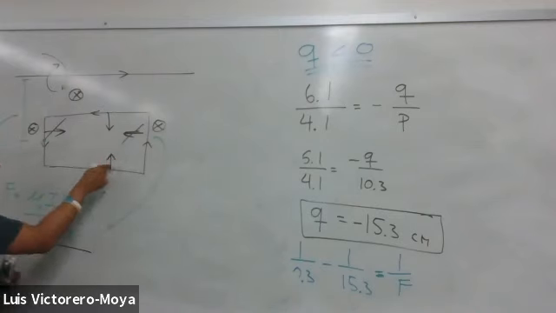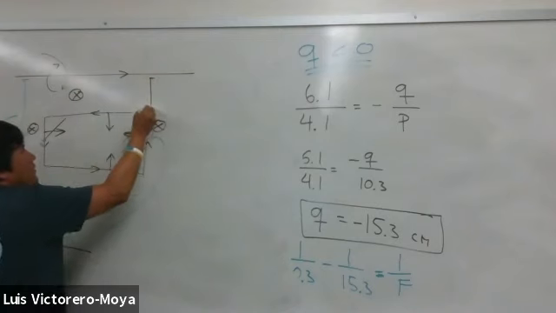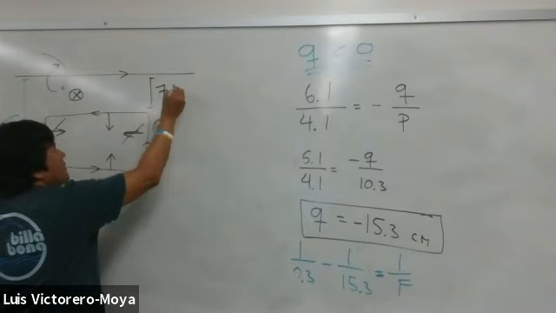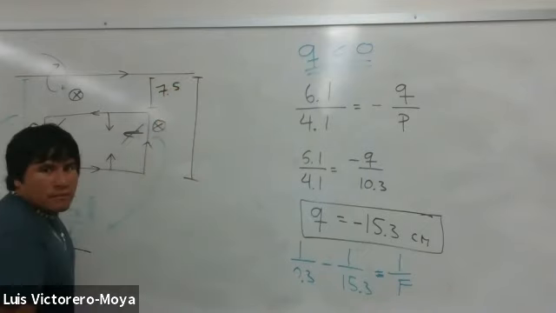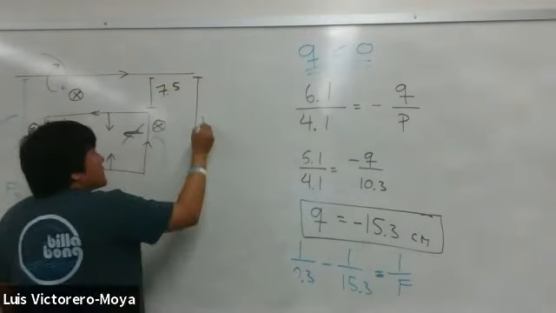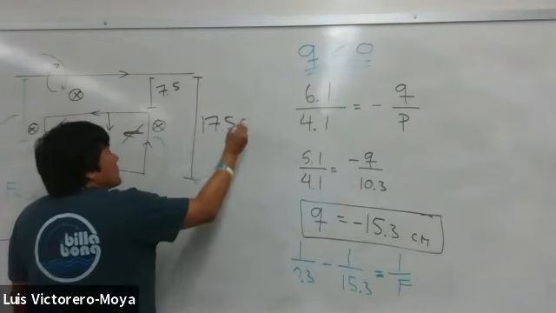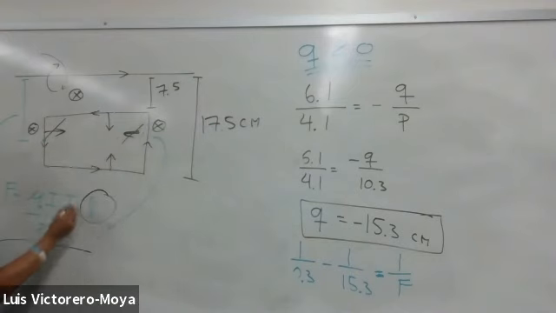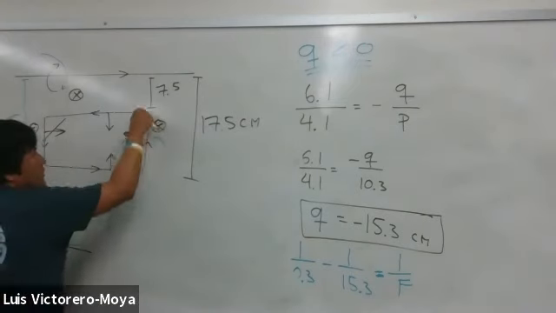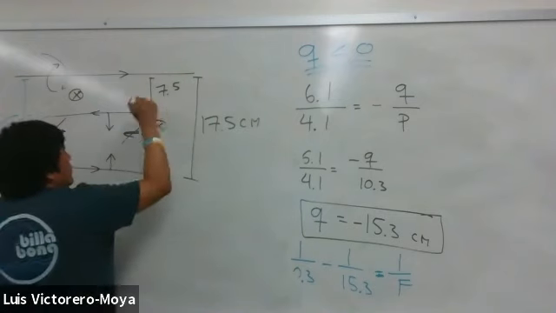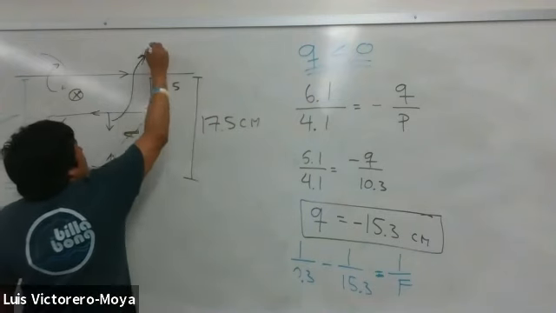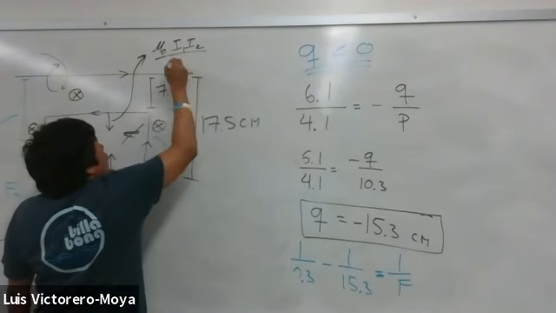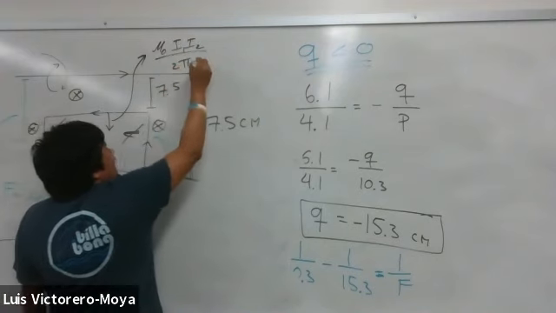But they are not the same magnitude. Why? Because this was 7.5 centimeters and all this was 17.5 centimeters. So for these two, the distance was the same. For these two, it's not. For this force will be mu naught I1, I2 over 2 pi times 7.5.